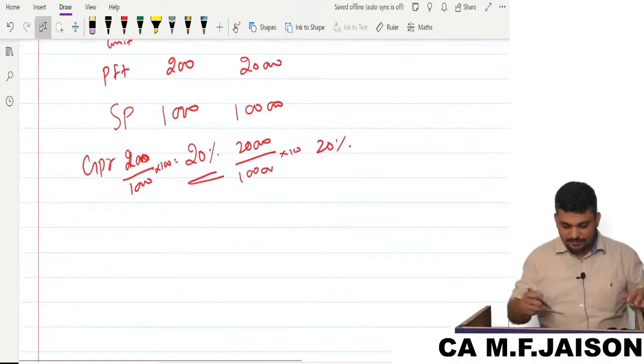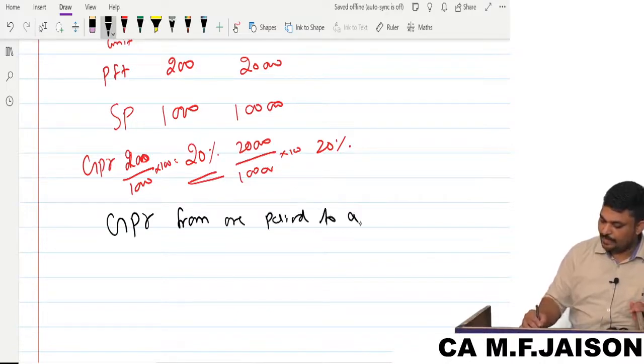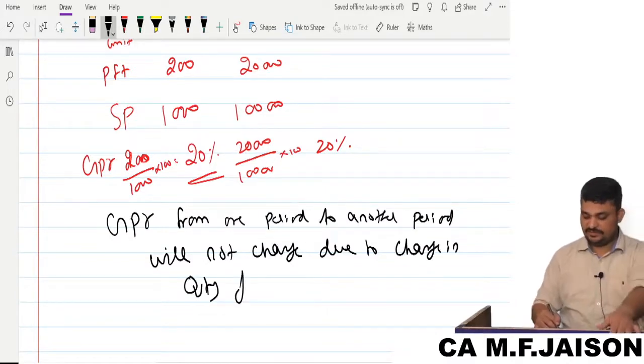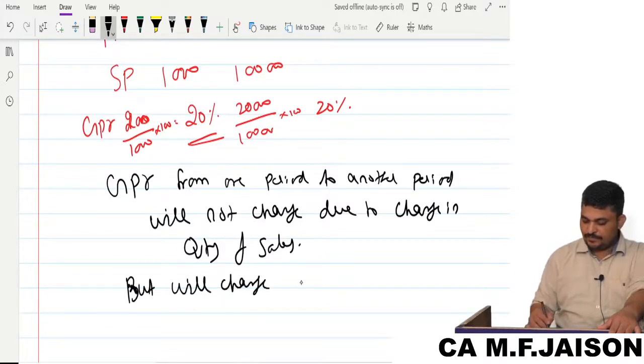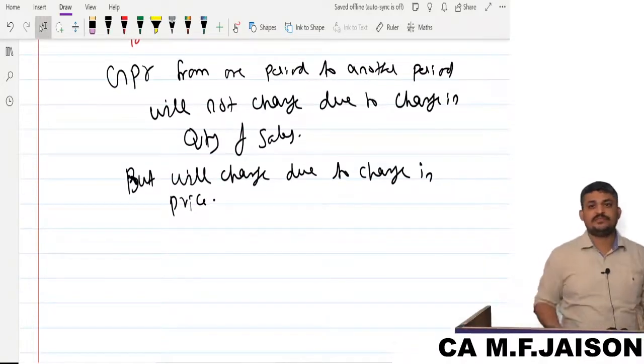So far our inference was that GPR from one period to another period will not change due to change in quantity of sales, but will change due to change in price.